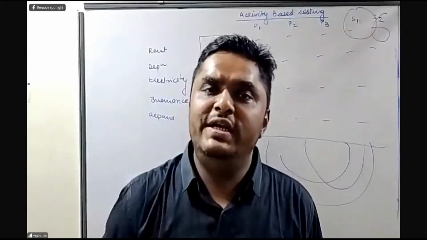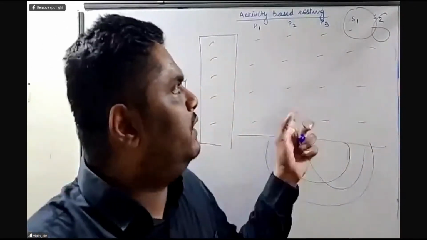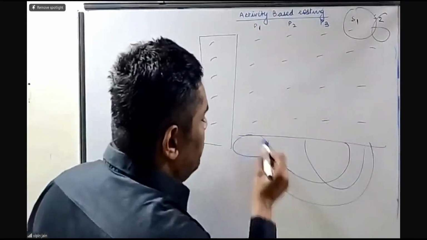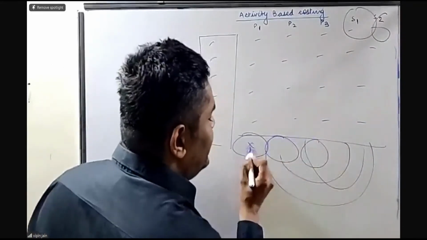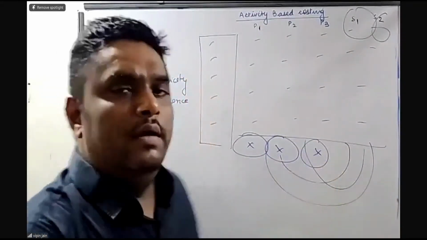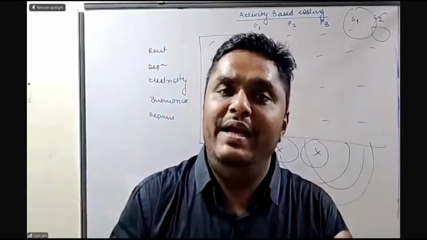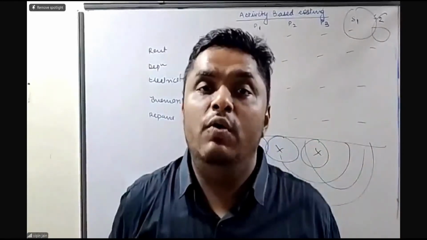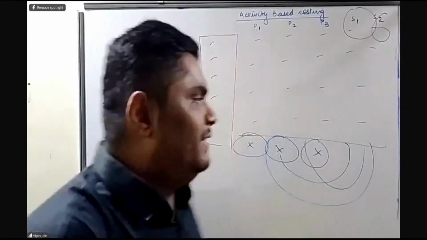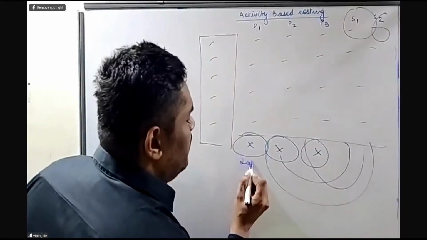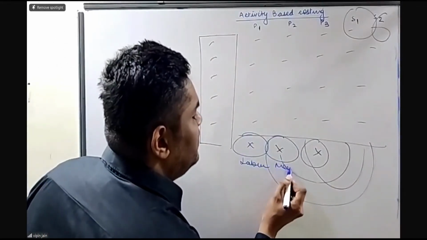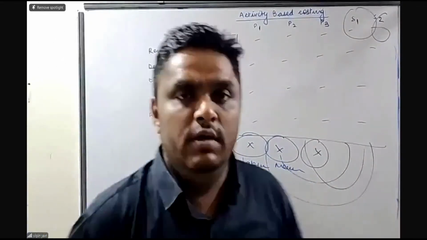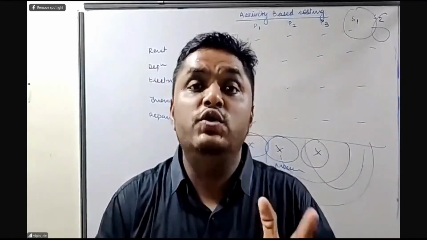After reapportioning, we used to calculate the total overheads of the production departments. Once the total overheads were ready, we used to absorb the overheads via a basis of absorption, either on the basis of labor hours or machine hours or whatever it is. So this was the process we used to follow in overheads.